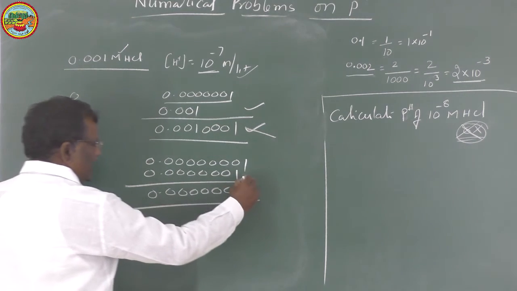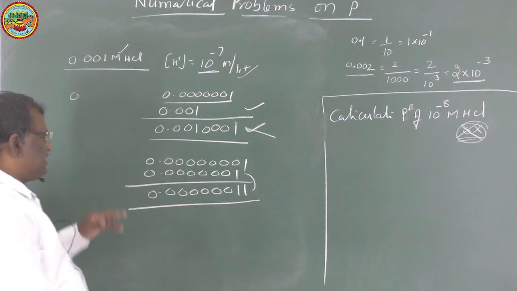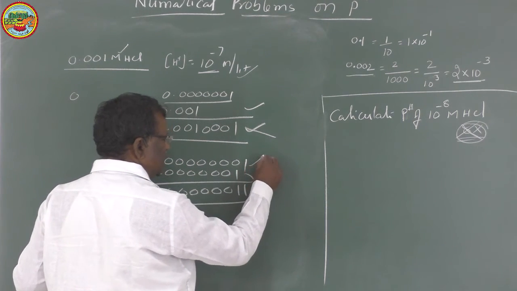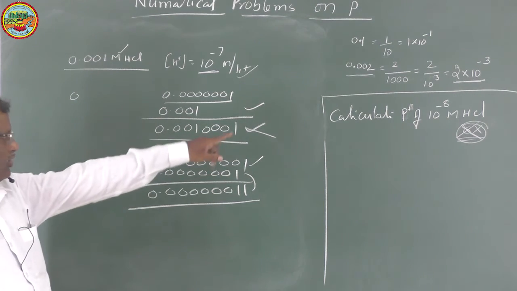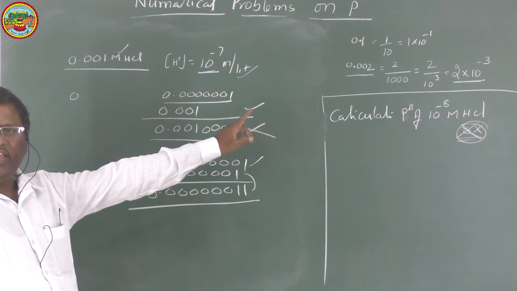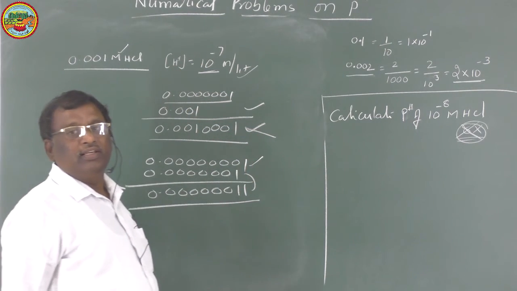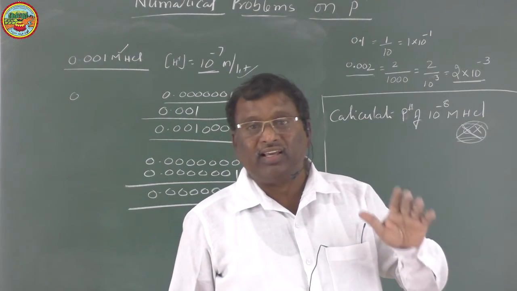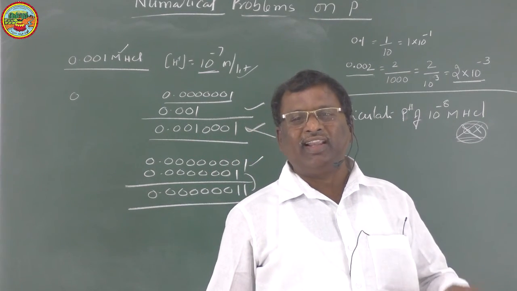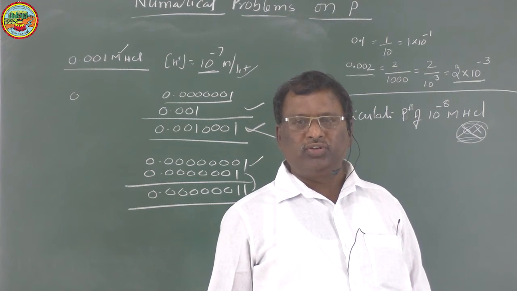Now if you compare these two numbers, there is a difference. In such cases, this cannot be neglected. So in those cases where the H plus ion concentration of an acid is less than the concentration of H plus ions in water, we should not neglect the H plus ion concentration of water in that solution.